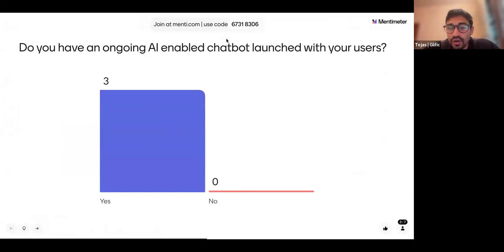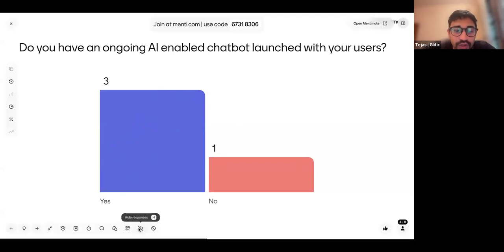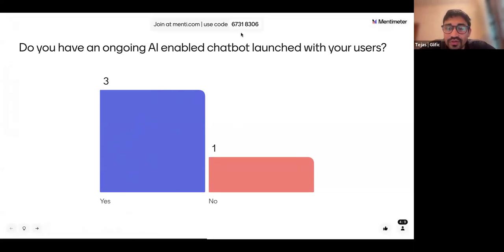Okay. So there's three orgs. I'll pause for another maybe 5 seconds and then 10 seconds and then I'll go to the next one. I know that Sneha's organization has the thing, but apart from that, any other orgs, if you have voted yes for this one, maybe just a little bit of context about what your AI-enabled chatbot does for the end users, apart from the folks representing Sneha.